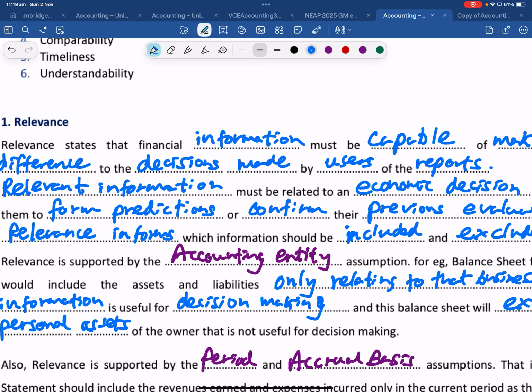Now let's say that man is going to make the decision whether he's going to join the business, whether he's going to invest his money in the business. The information provided should be supporting his decision, right?